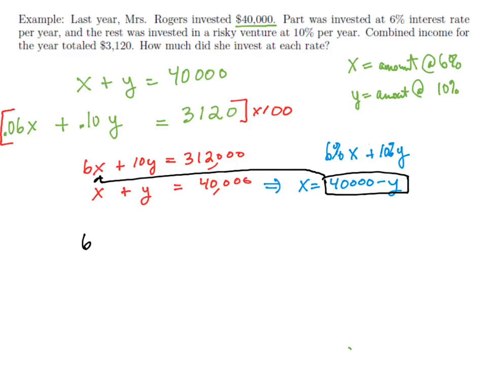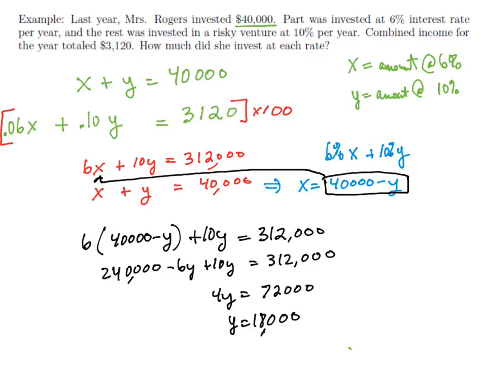So we're going to have 6 times 40,000 minus y plus 10y is equal to $312,000. And then from there we just need to solve for y. And doing so, we end up with a y value of $18,000.